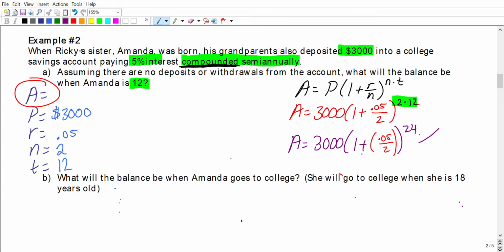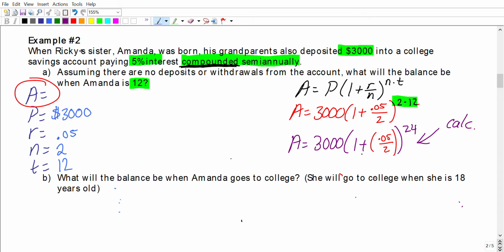This is what I need you guys to type into your calculator. Type that into your calculator and see what you get. Let's go ahead. I'm going to do it with you guys to make sure we get the same value. So this is 3,000 times 1 plus another parentheses.